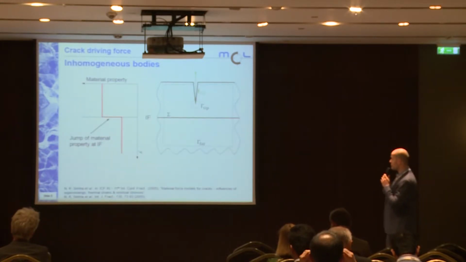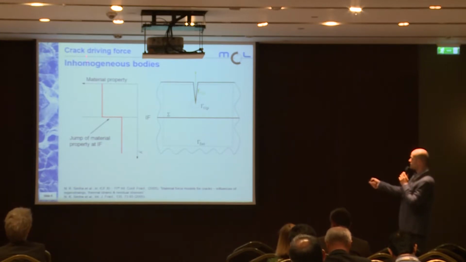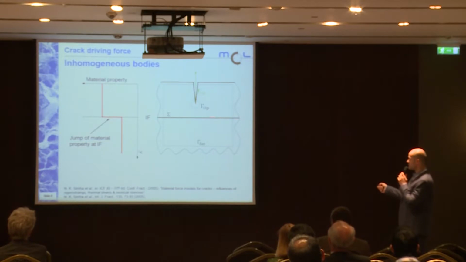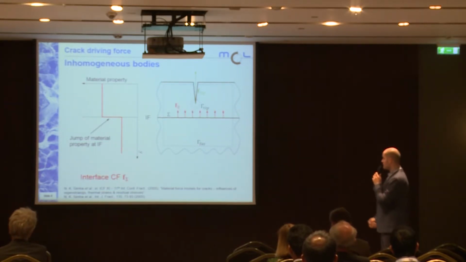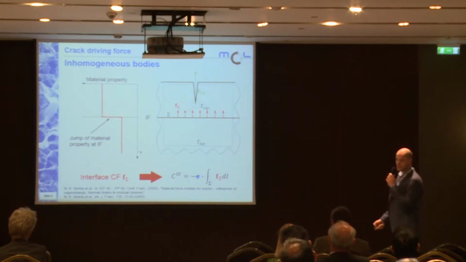If we go to inhomogeneous bodies, such a body can have, for example, an interface between two materials, with a jump of material properties at the interface. So we have interface configurational forces, which induce an additional term called the interface term.